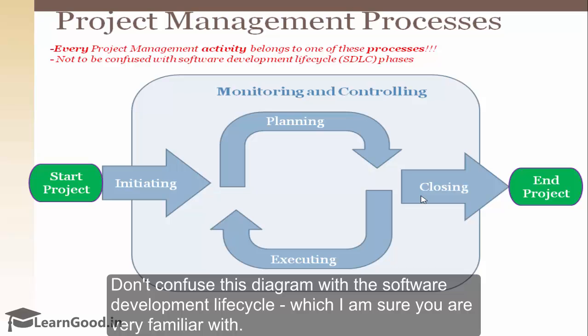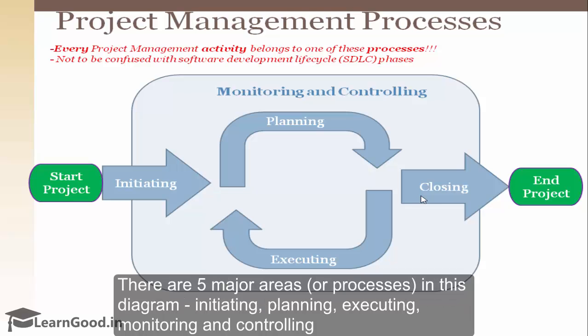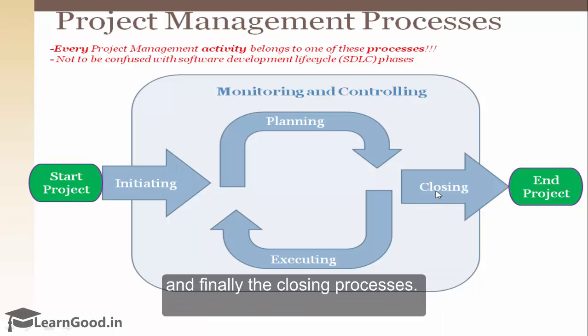Don't confuse this diagram with the software development life cycle, which I am very sure you are very familiar with. There are five major areas or processes in this diagram: initiating, planning, executing, monitoring and controlling, and finally closing processes.